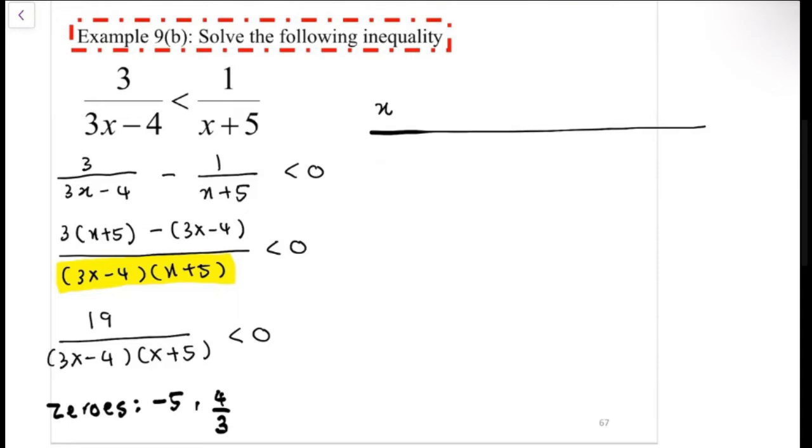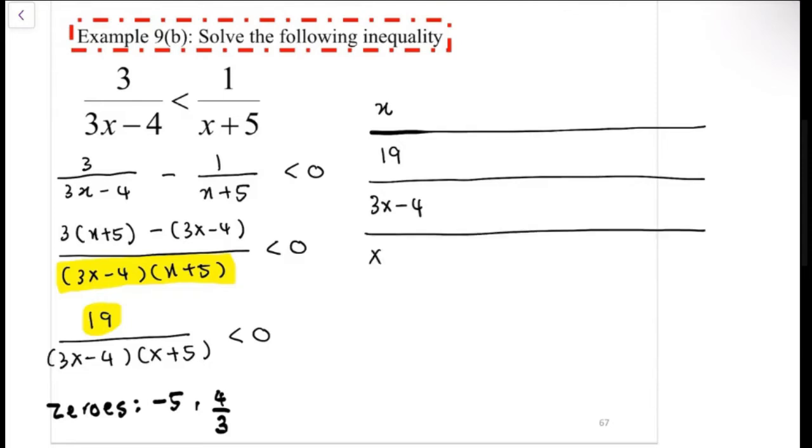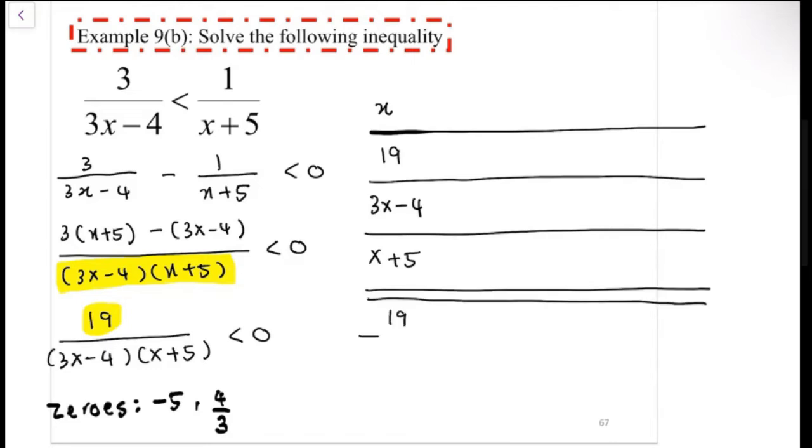Okay, even though on the numerator part we only have a constant 19, kita still tulis benda tu sebagai kita punya first number lah dalam table kita. Okay, nanti saya explain kenapa. Okay, and then next one kita sambung with our factors 3x minus 4 and then x plus 5. Okay, and remember for our last row, it's our original question.